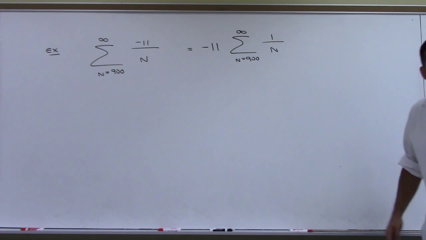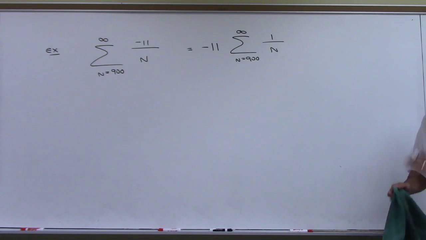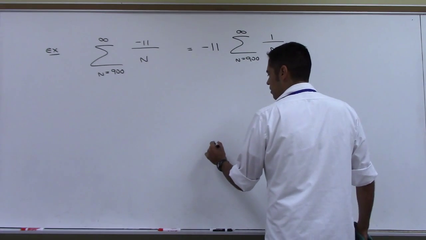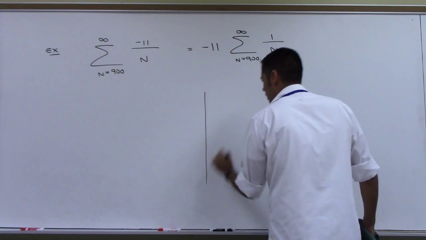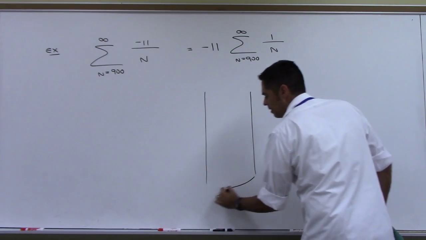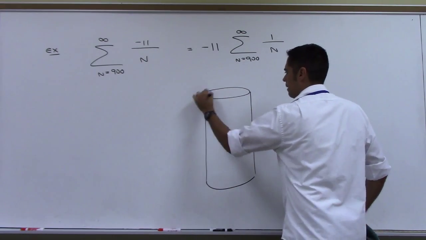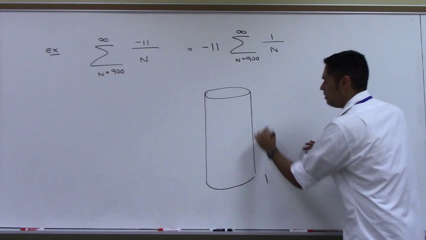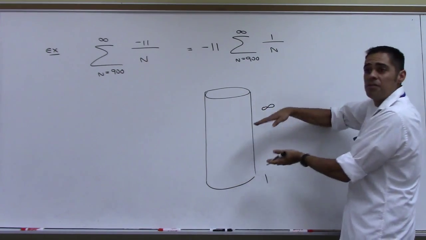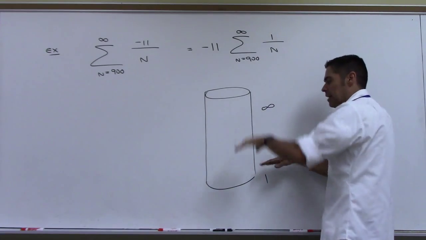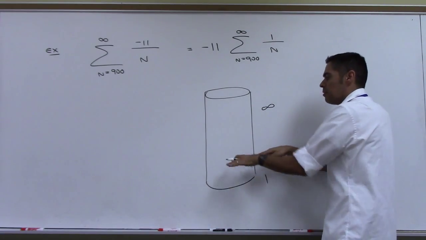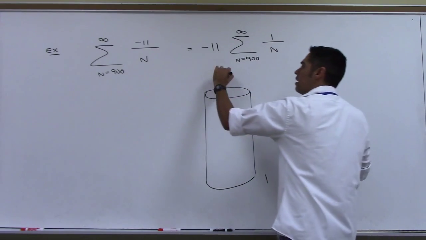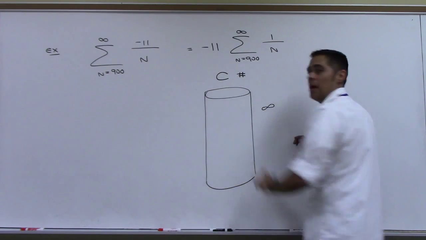Let me see if there's a way I can show this graphically to see if it makes sense with a picture. I'm going to draw two situations. If I take this bucket and stack up 1 through infinity layers, I'm pouring stuff in here, 1 layer, 2 layers, 3 layers, and I'm telling you that if I put an infinite number of layers in here, it converges to a number, right?